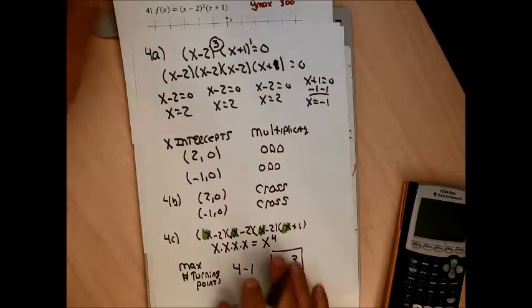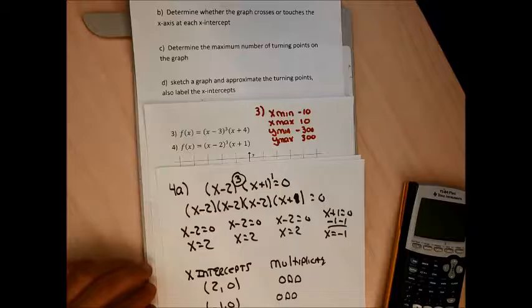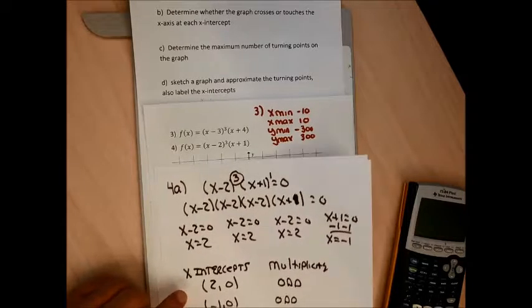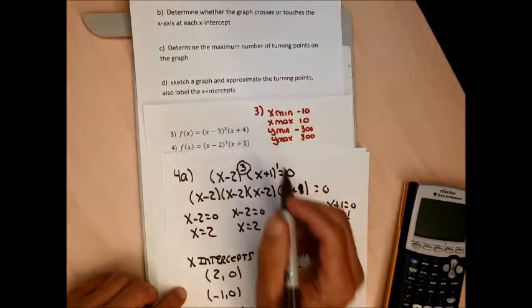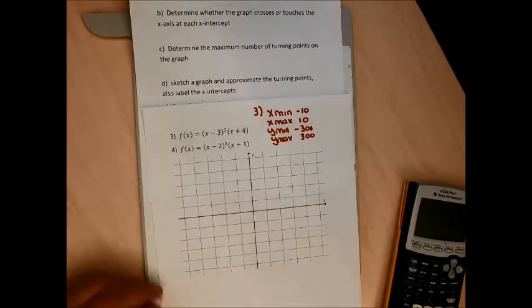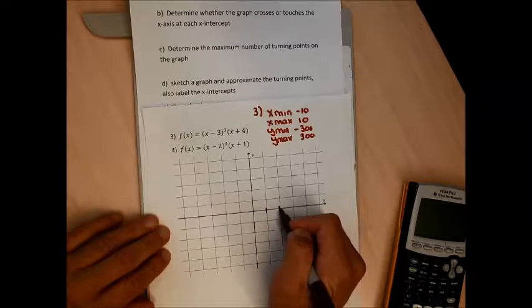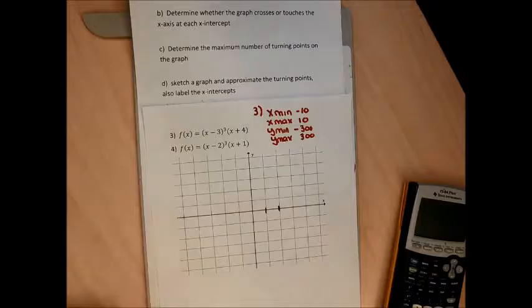Done with C, I'm going to move on now to part D, sketching a graph and labeling the intercepts. The intercepts that I need to show are the points (2, 0) and (−1, 0). So when I go to sketch my graph, I have to make sure to plot the points (2, 0) and (−1, 0). Let me pull out another sheet of graph paper because this is not set up at all for what I need to do. In fact, let me just freehand graph it.